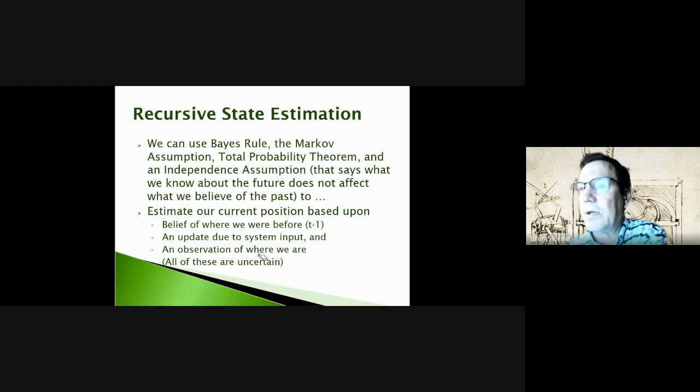Well, no, we can't. This has some level of uncertainty. Where we were before, we have a belief, but there's some uncertainty associated with that too. And then we have some update, but maybe the system didn't behave in exactly the way we instructed it to. Maybe there was a slippage or something like that. So that's what we want.